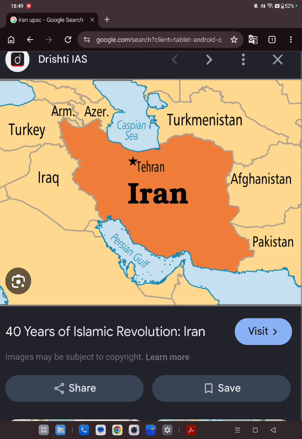So this is the main important fact you have to remember. That is, Iran is surrounded by Pakistan, Afghanistan, Turkmenistan, Armenia, Azerbaijan, Turkey, Iraq, and the Persian Gulf on the southern side, and the Caspian Sea on the northern side. This is the main fact.